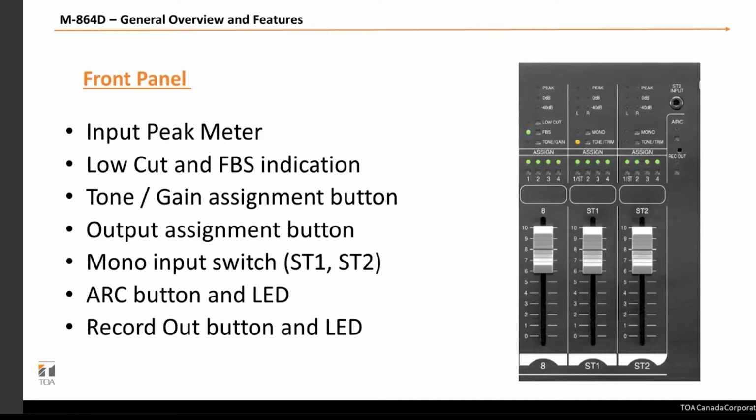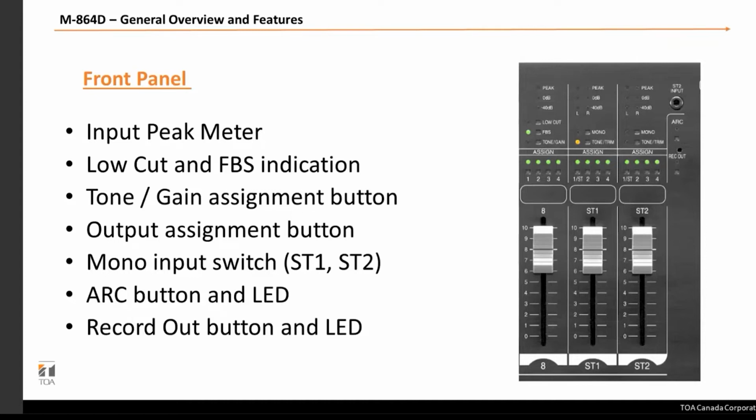So you'll have all kinds of control and monitoring from those front panels. You'll have some LEDs for the low cut and the FBS function. Obviously, tone and gain assignment button is there, as well as the tone and gain control LED.